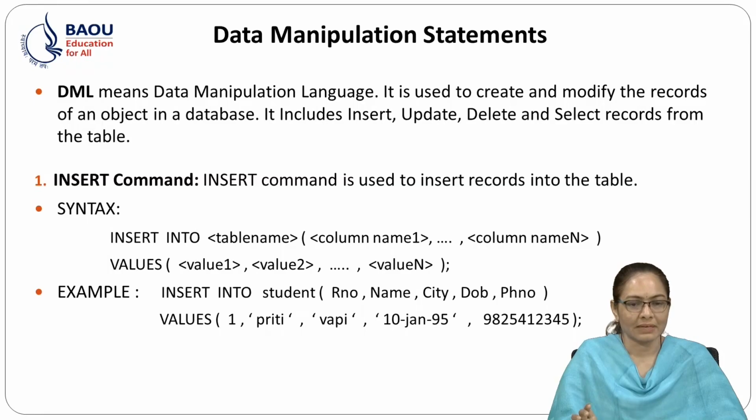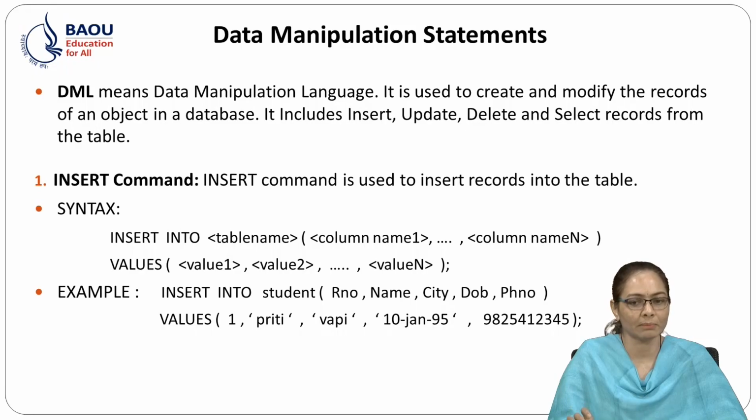values. In the bracket, 1 is the data which is stored in the roll number column. Preeti is the data which is stored in the name column. Vapi is the city name, so it is stored in the city column. Then date of birth, the 10 Jan 95 is stored in date of birth.